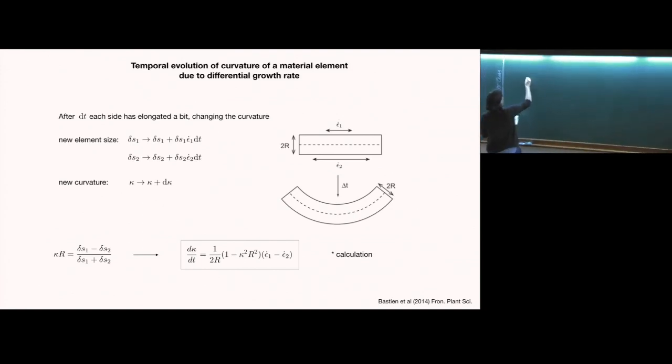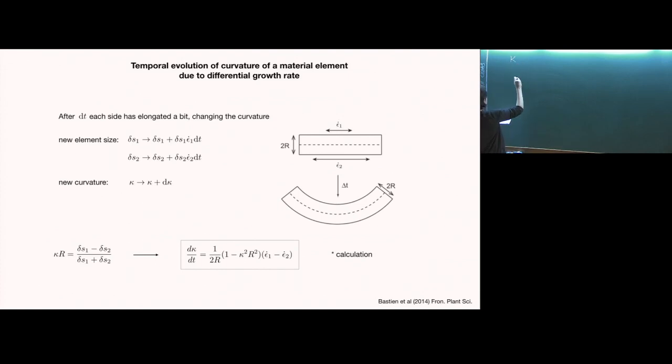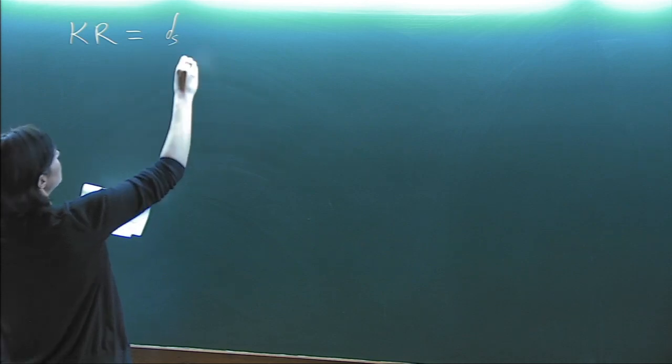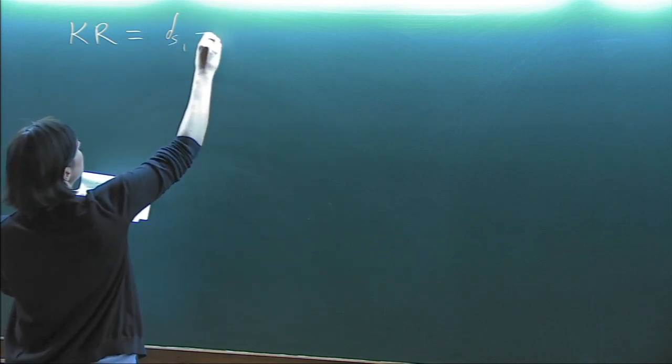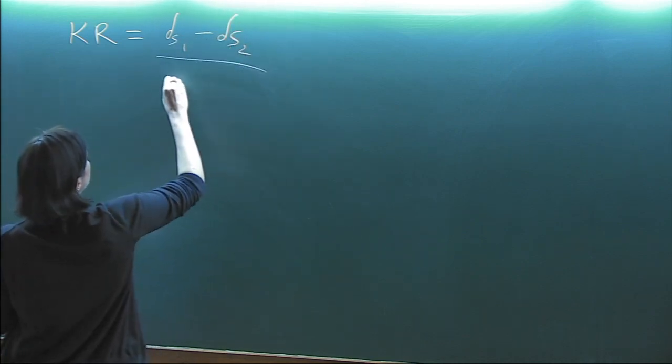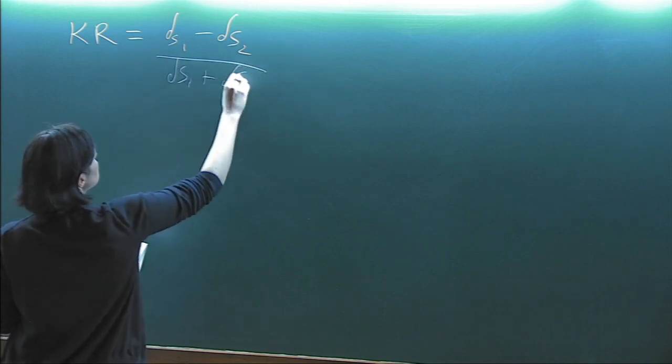So we have the original equation. The geometrical relation was kappa r equals, tell me if I'm wrong because I don't have it written here, delta s1 minus delta s2 divided by delta s1 plus delta s2.